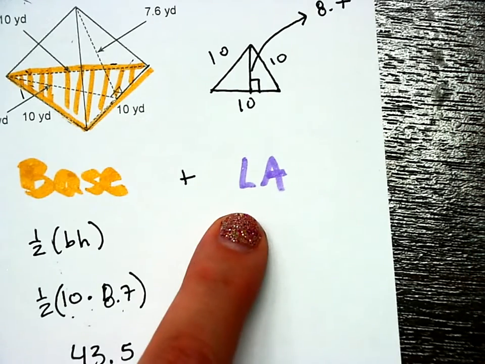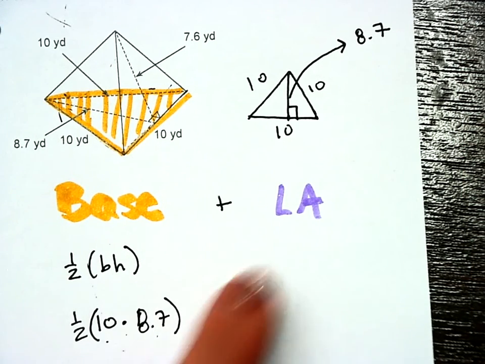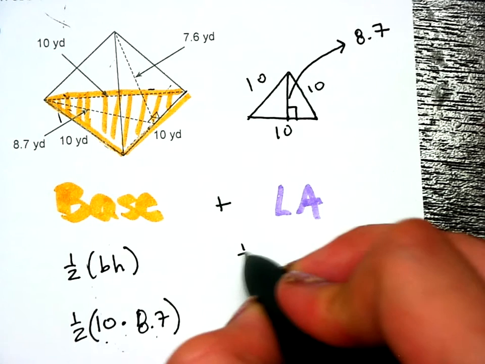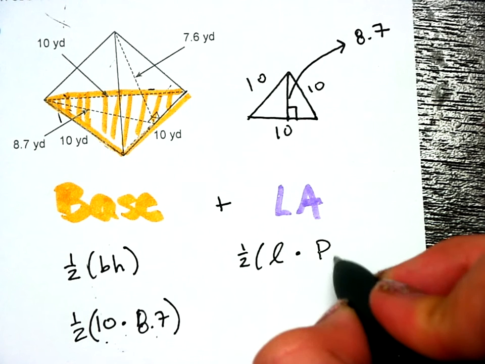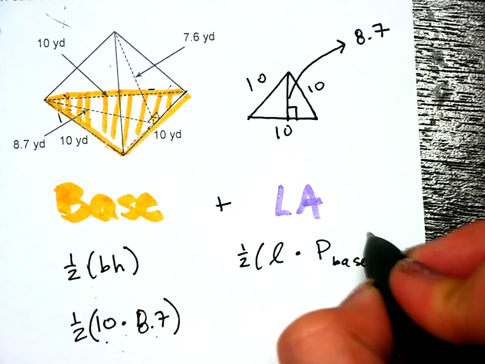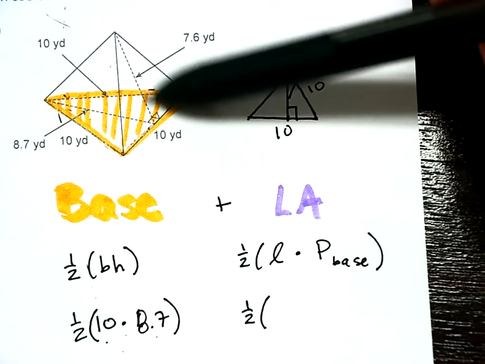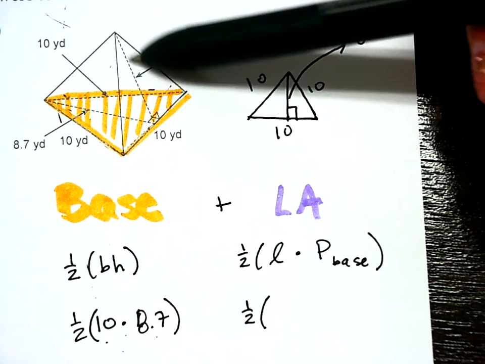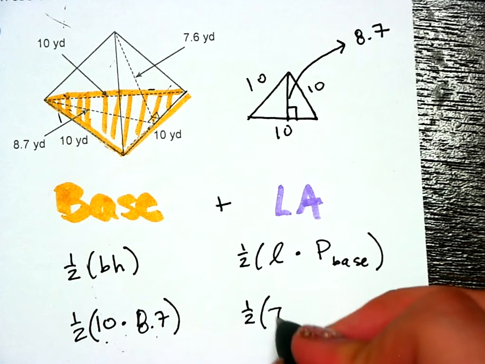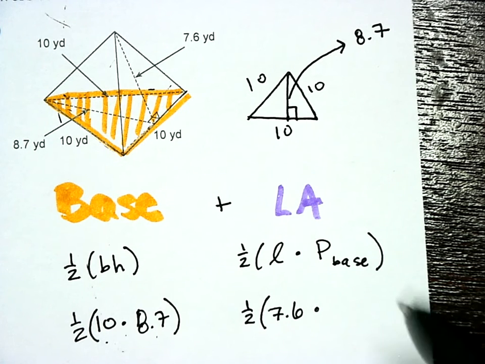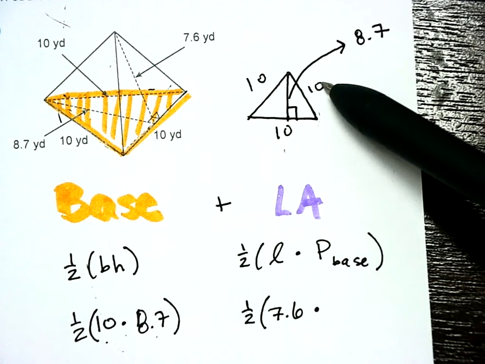Now let's find the lateral area. That's those 3 triangles. And remember, it's 1/2 of the slant height times the perimeter of the base. Okay, so 1/2. Now the slant height, again, has been given. It's the height along the edge of one of the lateral area triangles. So that's 7.6 times, and then the perimeter of this triangle is 10 plus 10 plus 10.